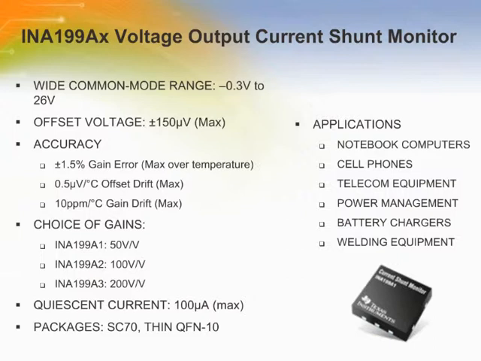The low offset of the zero drift architecture enables current sensing with maximum drops across the shunts as low as 10 millivolts full scale. These devices operate from a single 2.7 volt up to 26 volt power supply, drawing a maximum of 100 microamps of supply current.